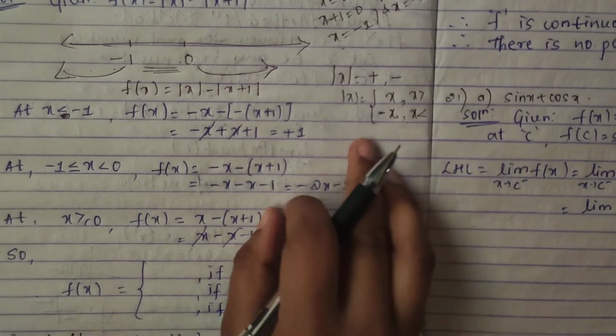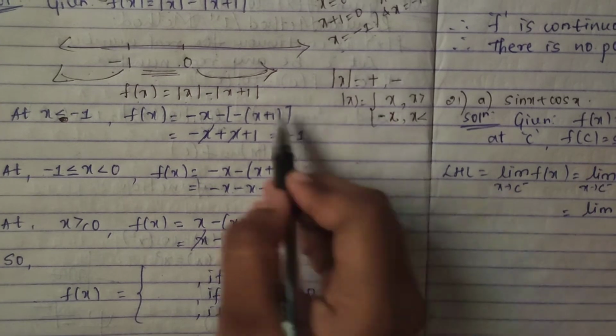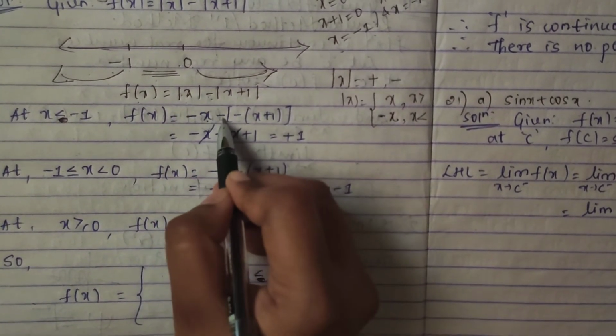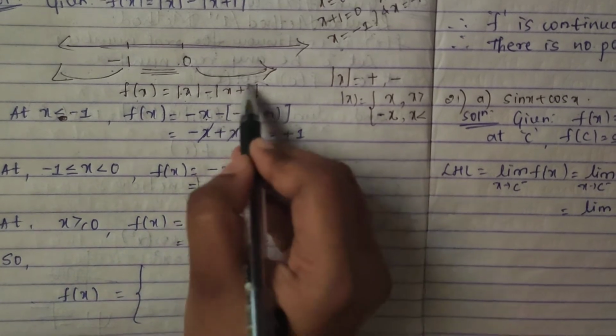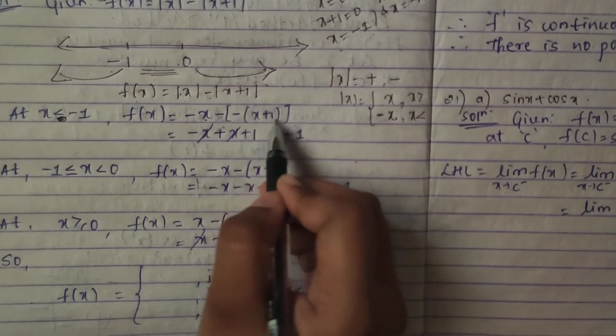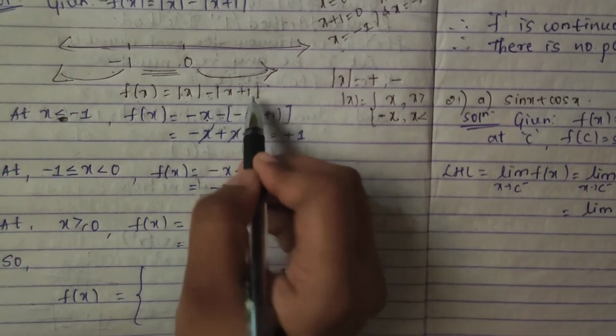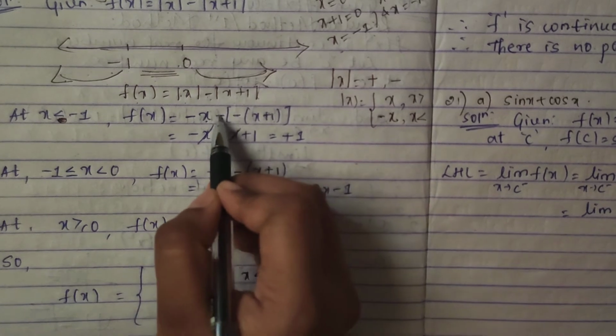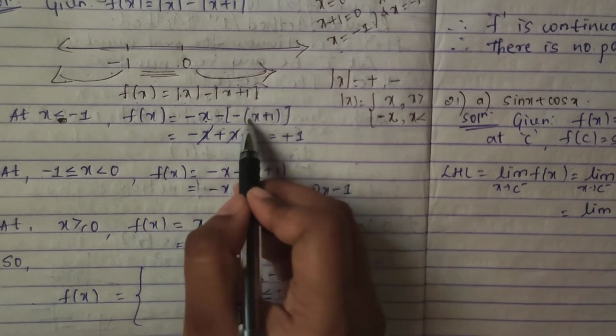So for x less than minus 1, mod x will be minus x. The minus sign stays as it is, and the whole term becomes minus of x plus 1, because this mod, when x is less, is a minus term.